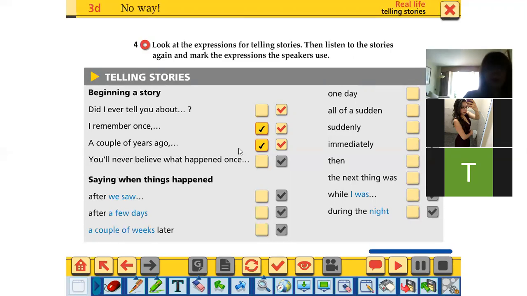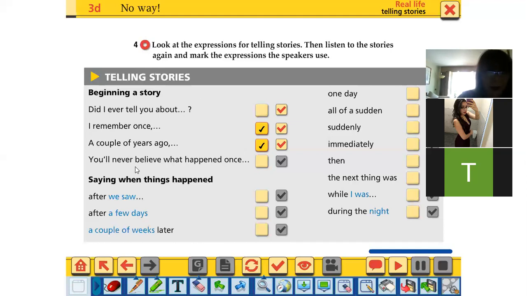Or you can say, I remember once, a friend of mine had to travel along the country to do business, and he asked me to keep his pet. Or just a couple of years ago, a friend of mine asked me to keep his pet. And then you continue with the story.